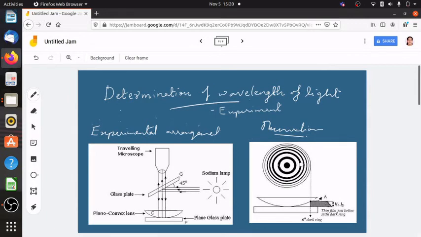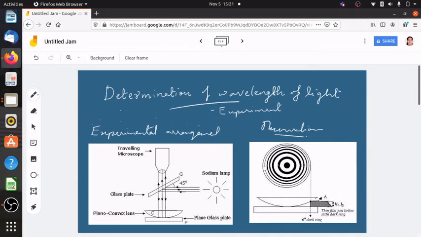Then we move the microscope towards the left hand side and take the readings of the second ring, then the fourth, then the sixth, and so on up to the 18th ring.